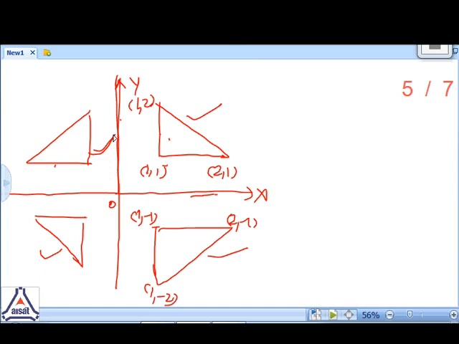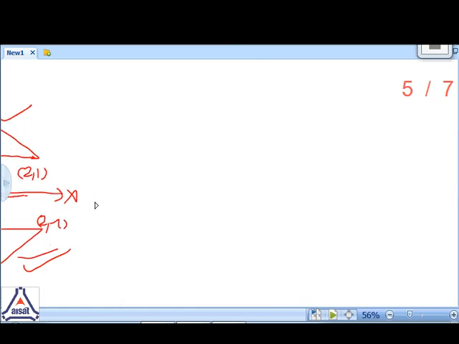Suppose minus 1, 1, minus 1, 2, minus 2, 1. So, the difference between the previous example and this example is that in the previous example there is a change in the y coordinates, but in this example there is a change in x coordinates. So, we are going with the matrix formation.